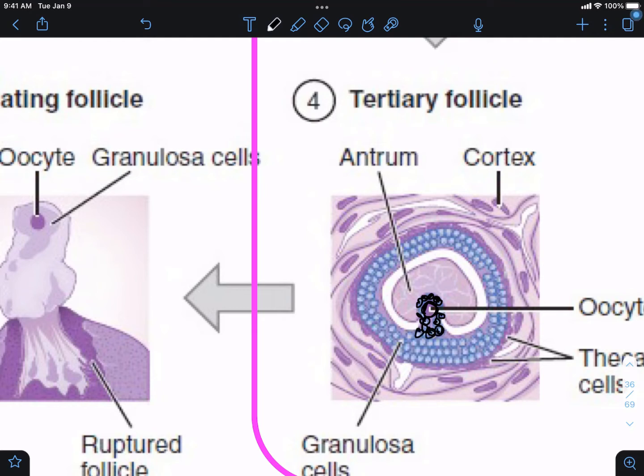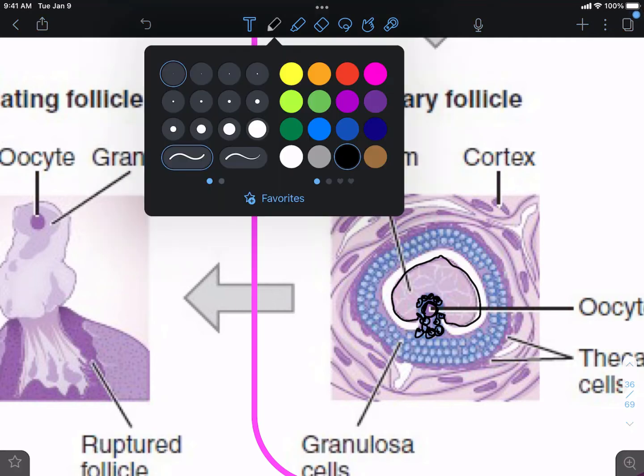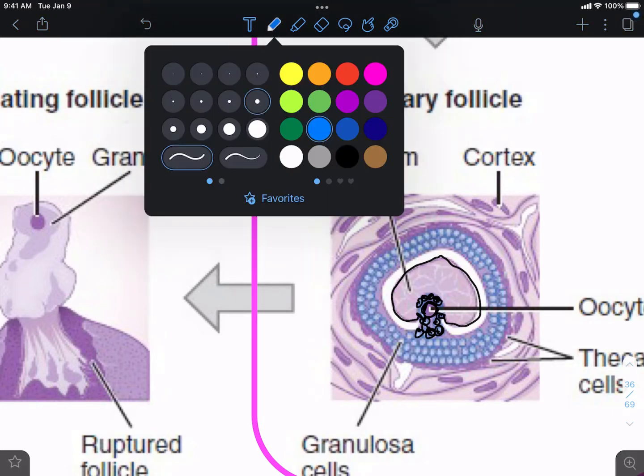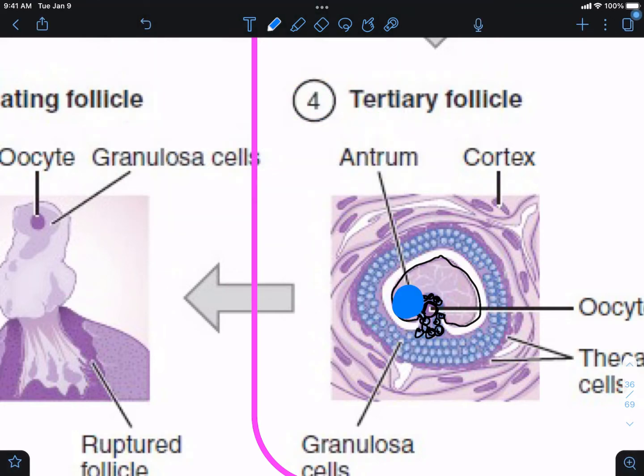But also look at this. We end up getting this pocket formed, and this pocket is called the antrum, and it is filled with fluid. This fluid is building up pressure within the follicle.